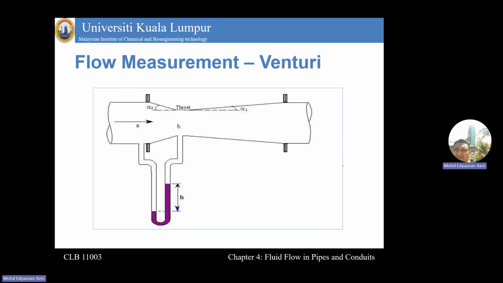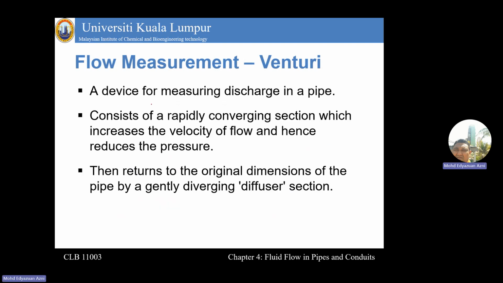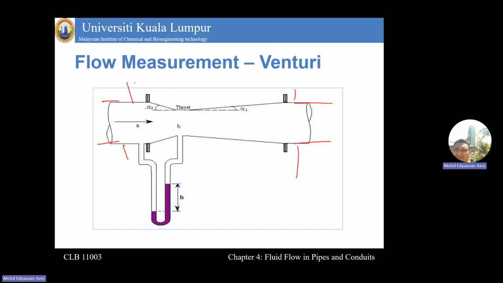So this is the Venturi. This is the original pipeline, and it is being cut here, then cut here, and they will put in one Venturi, which as before consists of a rapidly converging section which increases the velocity.